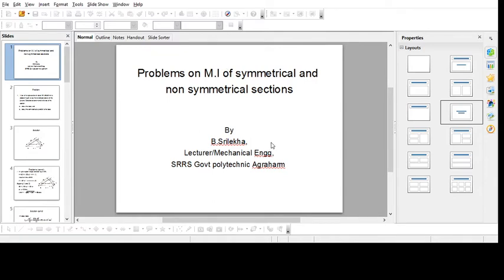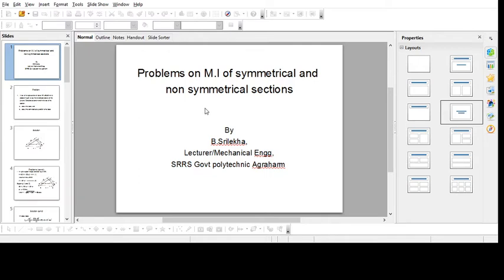And here you can see h1, h2 and h3. So h1 is y bar minus y1, the distance between the centroid of the first section and the centroid of the entire figure. Next, h2 is simply y bar minus y2.